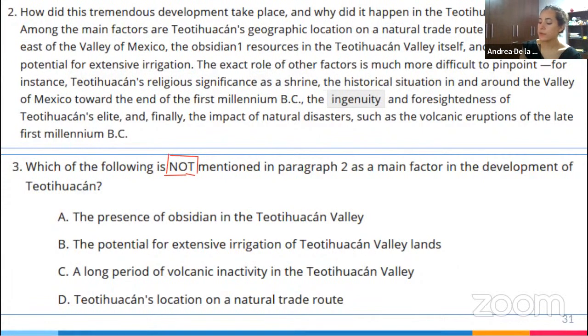Okay, guys, so what do you think the answer would be in this case? That is not mentioned as a main factor in the development of Teotihuacan.